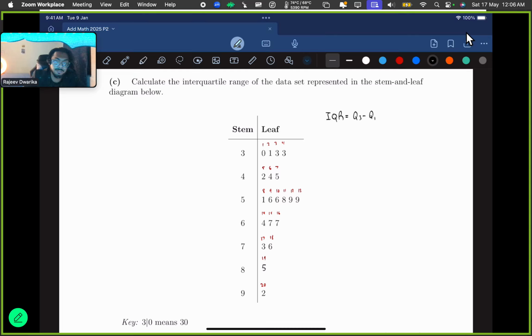Wait, a quarter of n plus 1, and it's three quarters of n plus 1. Now between 15 and 16. So Q3 is three quarters of n plus 1, and that will tell us the position. So that's three quarters of 21. What do you get for three quarters of 21?